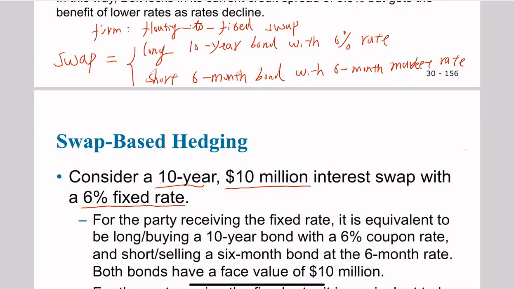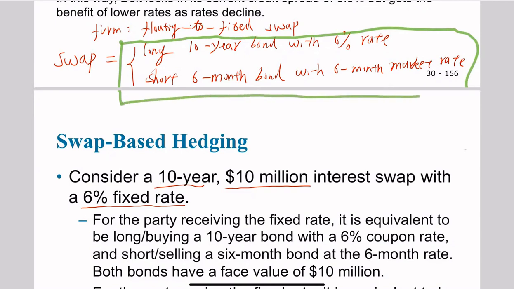Again, if you look at this case, the cash flow here is the firm will get 6% rate, but it will have to pay this 6-month market interest rate, right?